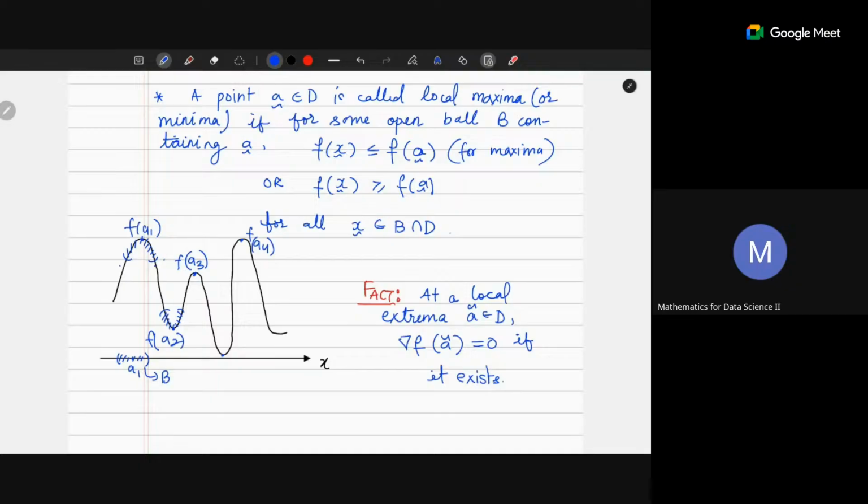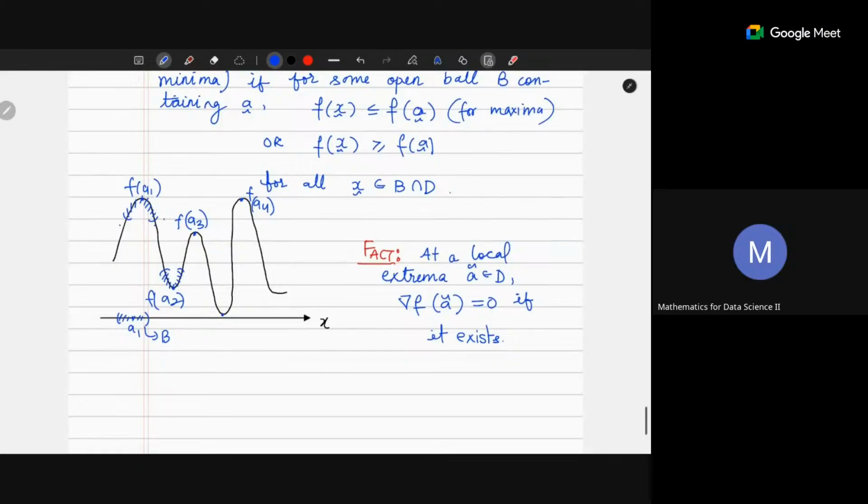Okay, so at extreme points, the gradient is 0 if it exists. If at all it exists, then it is 0 at extreme points. Okay, so now we are in a situation to define a critical point.